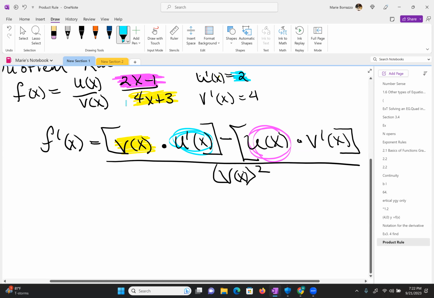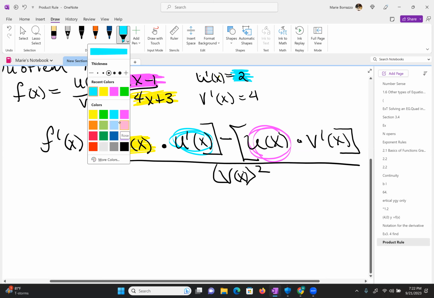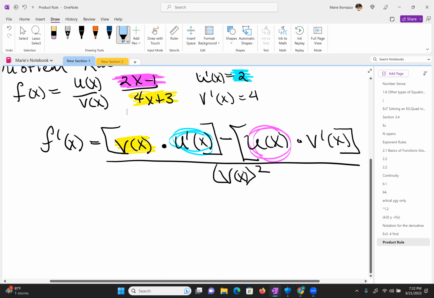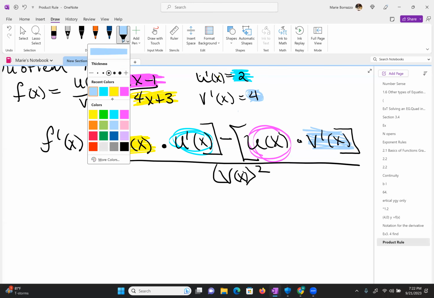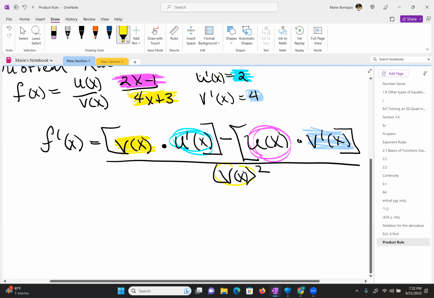So u prime of x in teal. And in, I guess, light blue, I can do the v prime of x. That's this value here. And again, v of x, the original function, has the denominator squared always at the bottom.